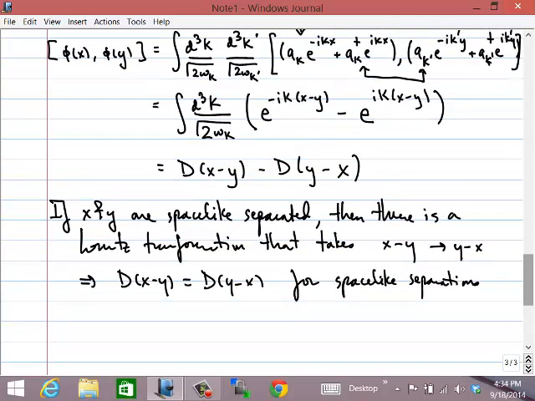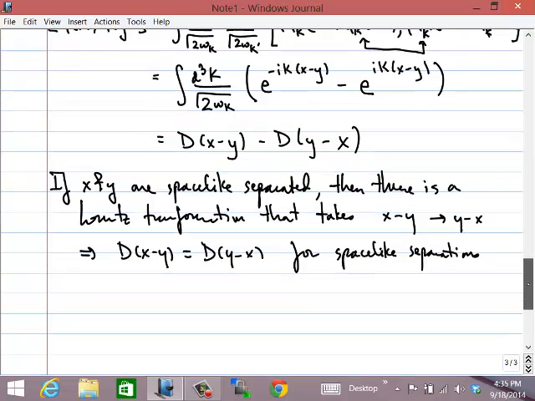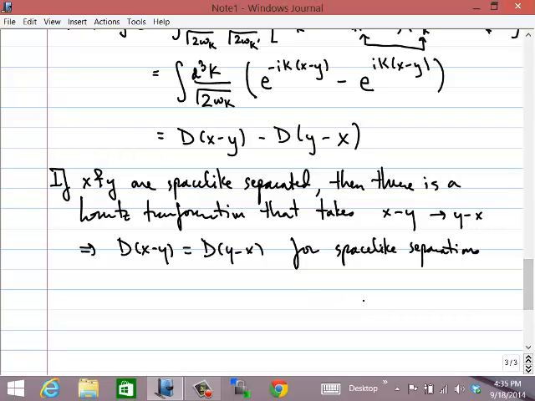If it's not obvious that there's a Lorentz transformation that interchanges these two points, just think of the simple case that we had earlier where y was sitting at the origin and x was sitting at some distance r away.